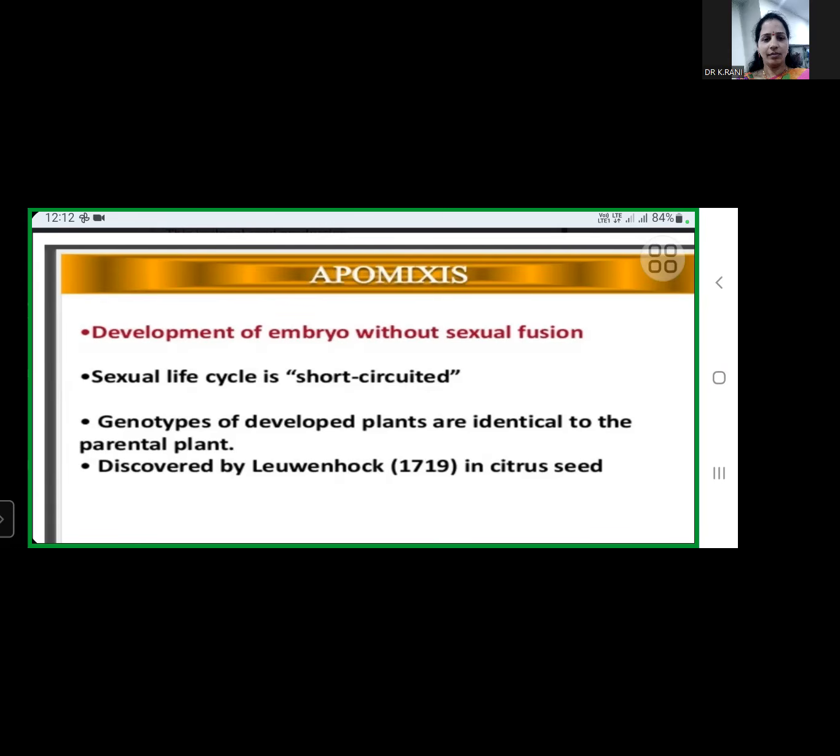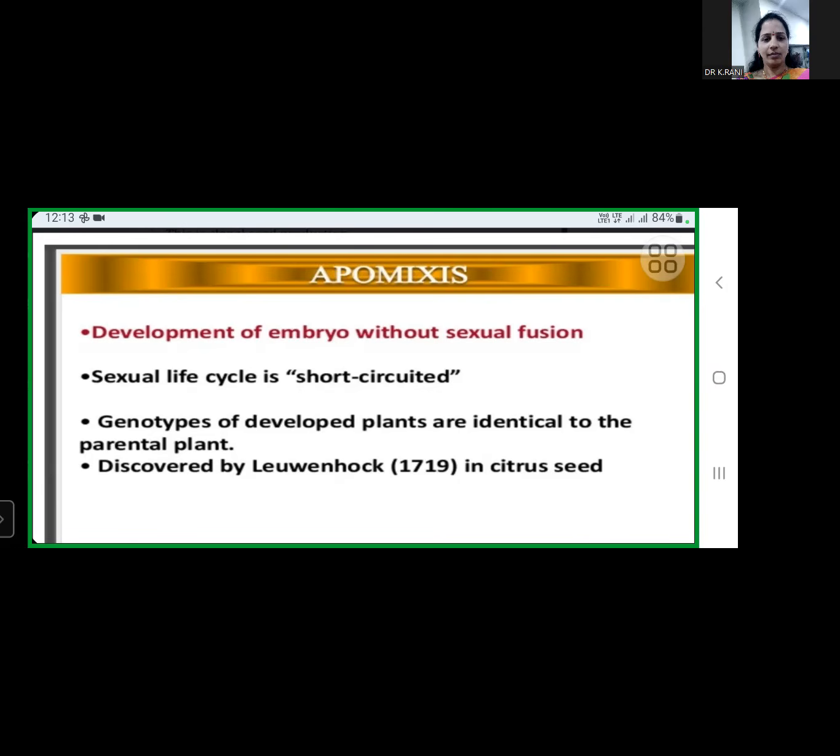Consequently, the apomixis process is divided into two categories: vegetative propagation and agamospermy. In apomixis plants, the embryo develops without sexual fusion, so the sexual life cycle is short circuited.